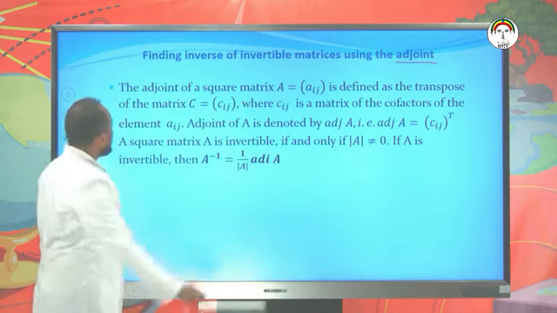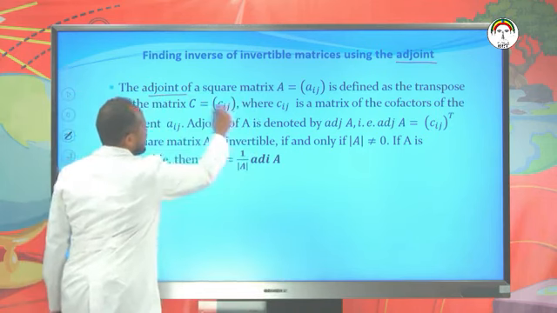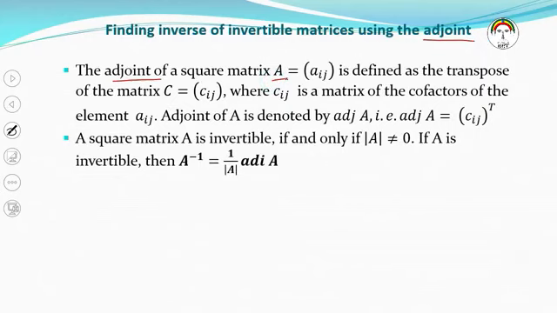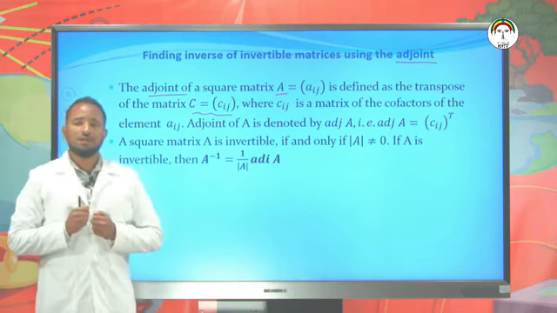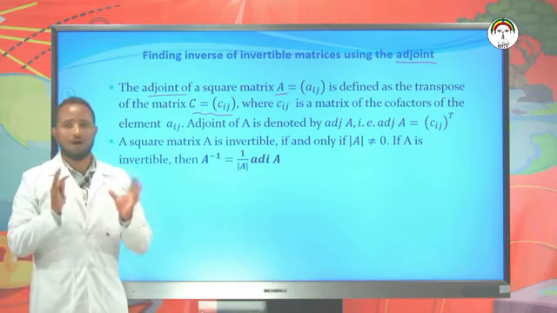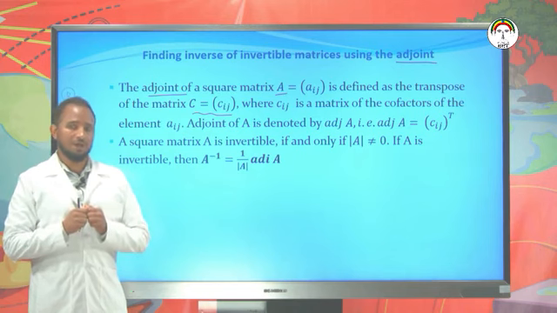The adjoint of a square matrix A is defined as the transpose of matrix C, where this matrix C is a matrix of cofactors of the given matrix.